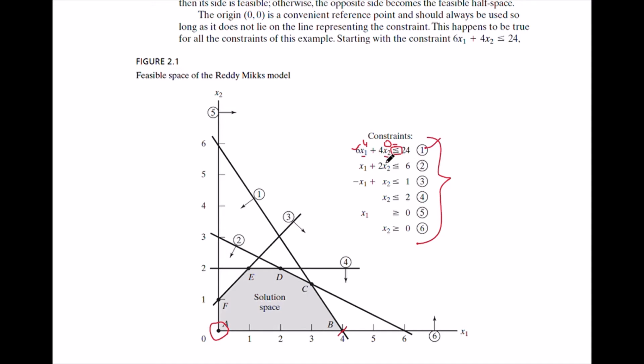Therefore 0 is less than 24. It satisfies equation 1. The whole space is divided into this area and this area. Since the reference point satisfies this condition, this side is the solution space, not this side, for this line. Therefore here it is marked like this.